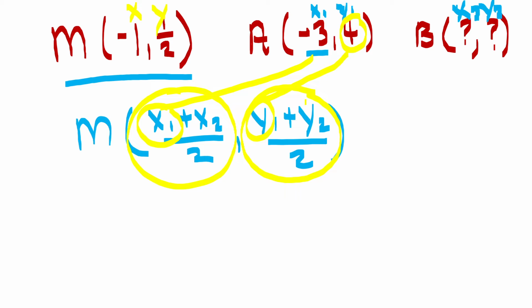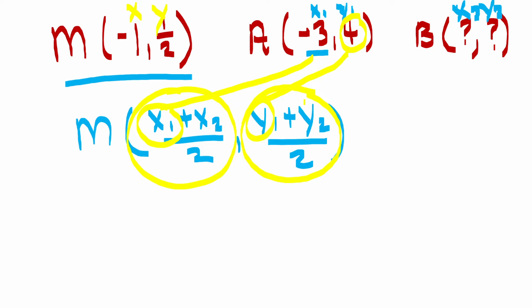On the next slide, I am going to put -3 in for the x1 value. I'm going to put -1 in across the equal sign for the answer to the midpoint formula.